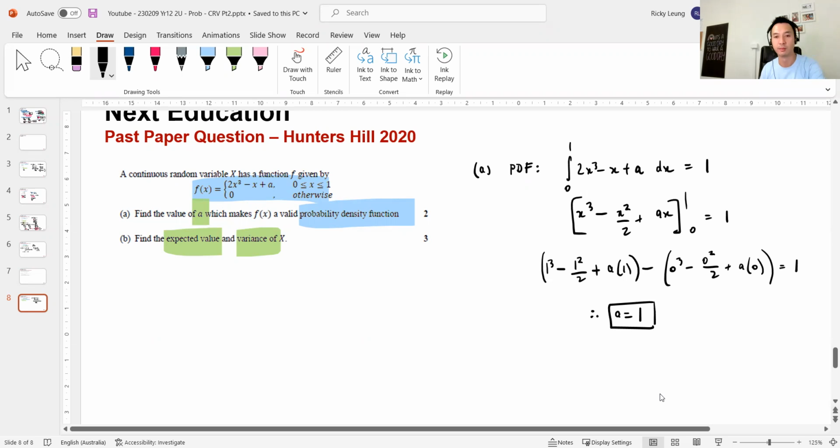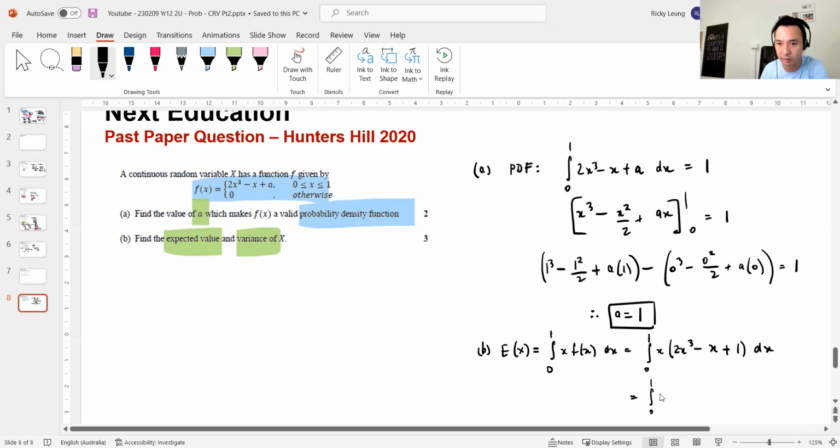But for B, if A is 1, then expected value equals the integral between 0 and 1 of x f(x) dx, right? For our case, I'm just going to multiply each one of these by x. So it'll be x times 2x cubed minus x, now I found A to be 1, dx.